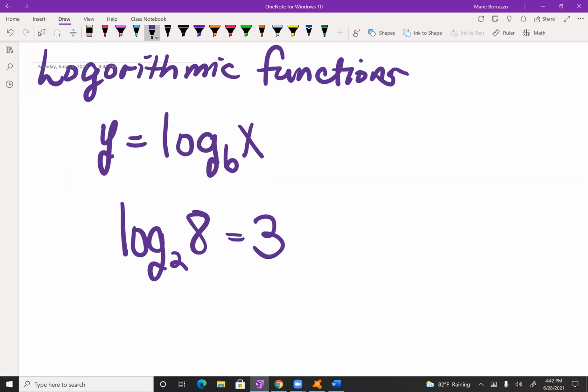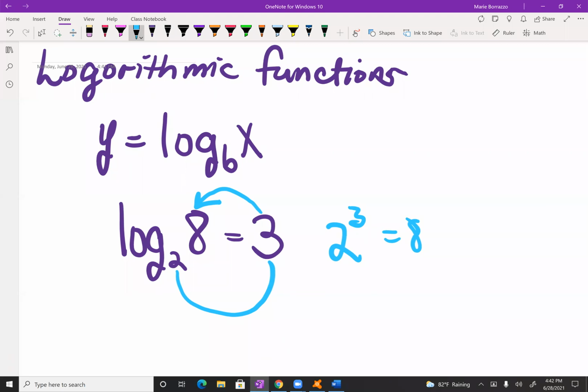Would that make sense? Yeah, it's 2 to the third equals 8, right? I always tell you, remember this: that base raised to the third power will give you 8. So 2 to the 3 equals 8.